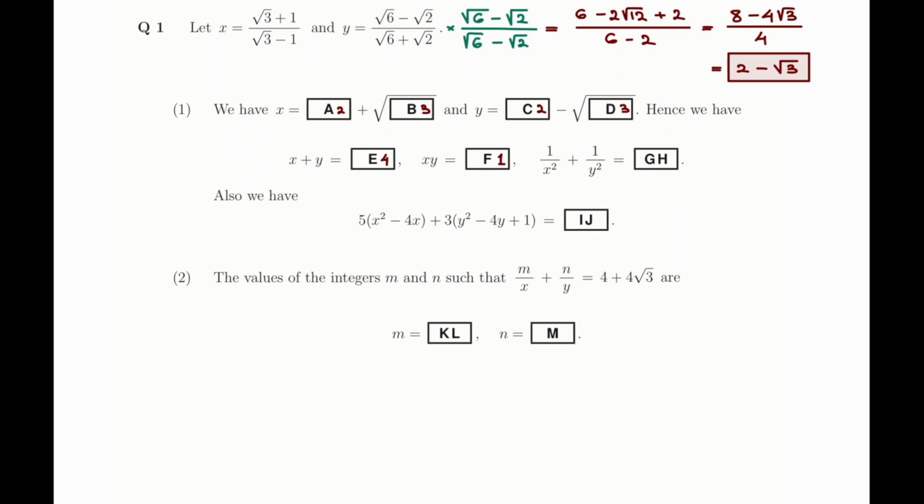And then for the last question, 1 over x square plus 1 over y square is equal to blah blah blah. If we want to calculate 1 over x square plus 1 over y square, I can simplify into the same denominator, which is x square y square.